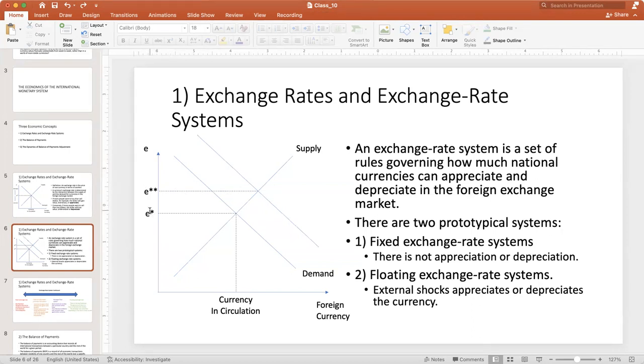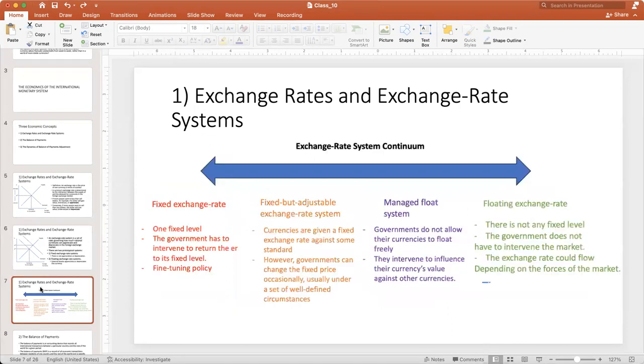So this is basically the main difference between the fixed exchange rate system and the floating exchange rate system. However, you have to keep in mind that the exchange rate system is a continuum. It is not only these two basic systems. In fact, the fixed exchange rate and the floating exchange rate are at the extremes of this continuum.